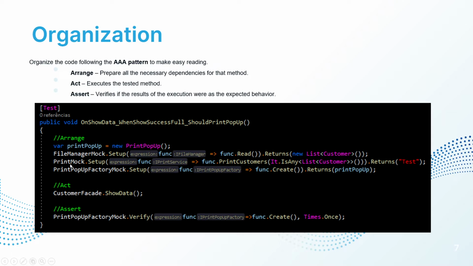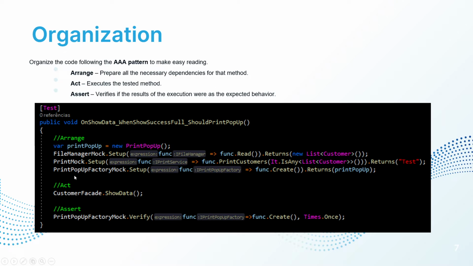This print is basically responsible for returning a string, so we are expecting a string, and we also have a print pop-up factory mock. This print pop-up factory is also mocked because we have SOLID principles applied before everything. In arrange, as the name says, we are arranging everything we need.